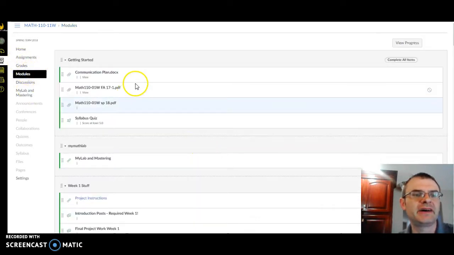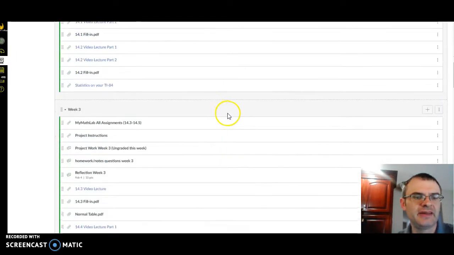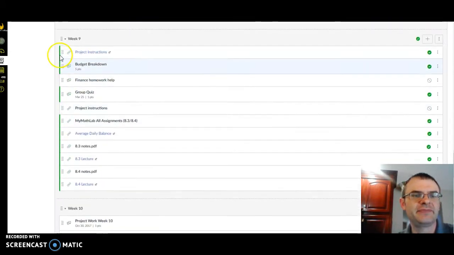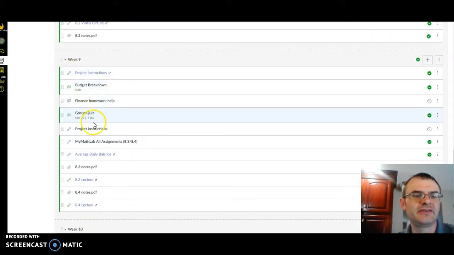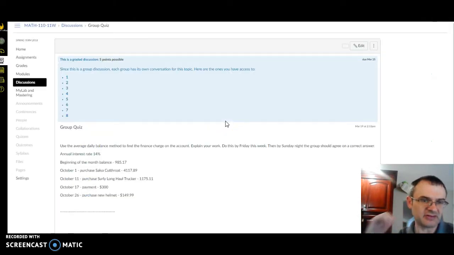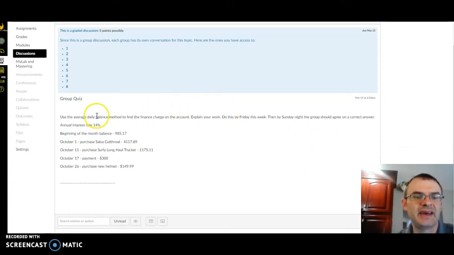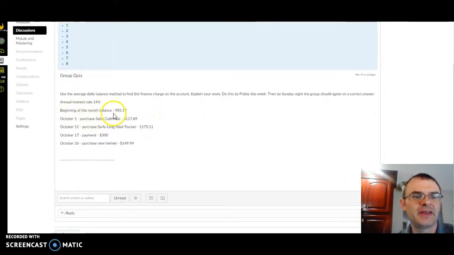So if we go back to the modules, the one thing that is a little new and different this week is a group quiz. And the reason this quiz is here, it's only 5 little points, but the reason this quiz is here is there's a topic that a lot of people struggle with, and that is the average daily balance method. So basically the way this works, I have a beginning balance.